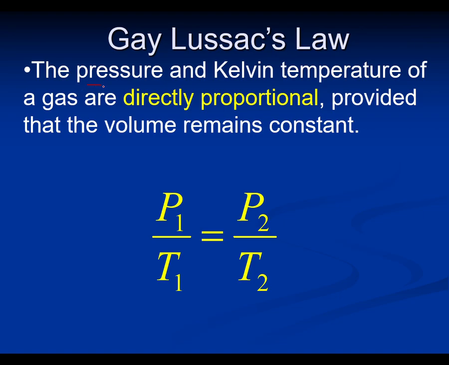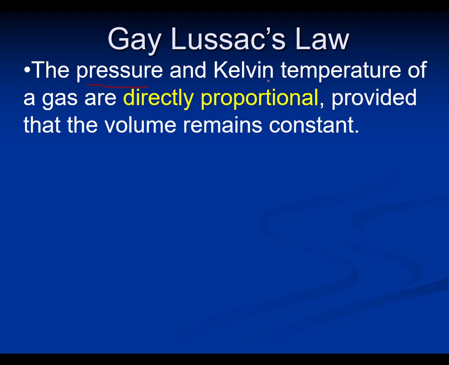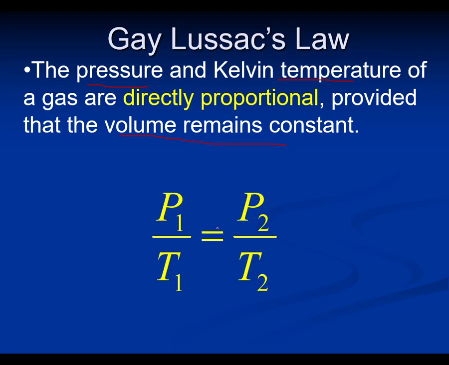So we have pressure and temperature, and volume remains constant. Which one of these variables will we not use in this equation? And hopefully you would say volume because it's constant. So we just use pressure and temperature.